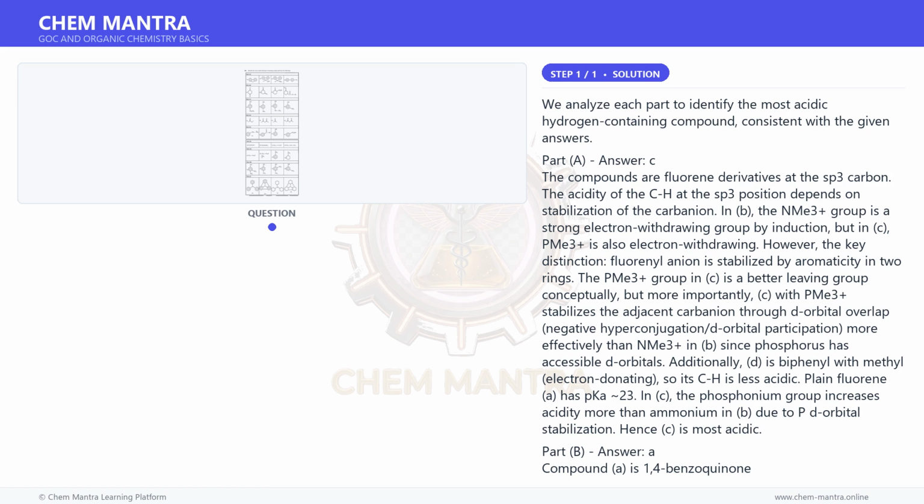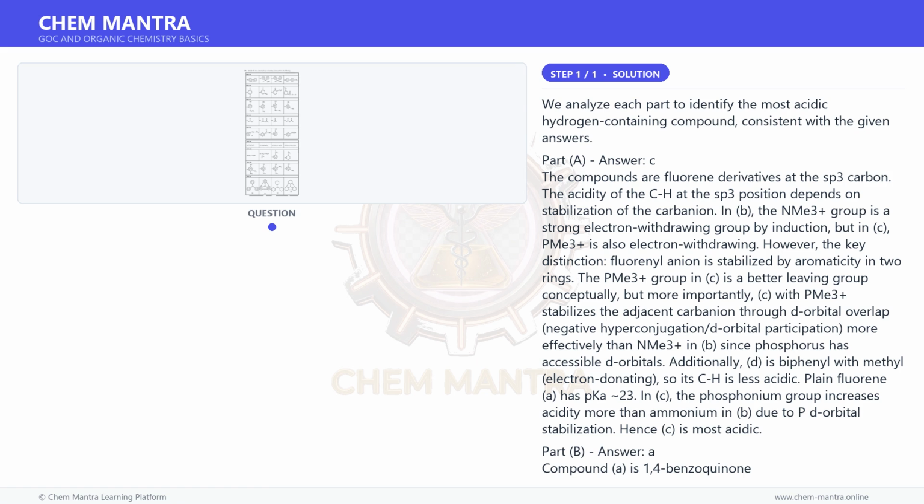Part G. Answer B. Compound A, CH3CO2H, acetic acid, pKa about 4.75. B. H3N+CH2CO2H, protonated glycine, glycinium, the carboxylic acid of zwitterionic glycine, pKa1 about 2.34. C. An anilinium type compound.